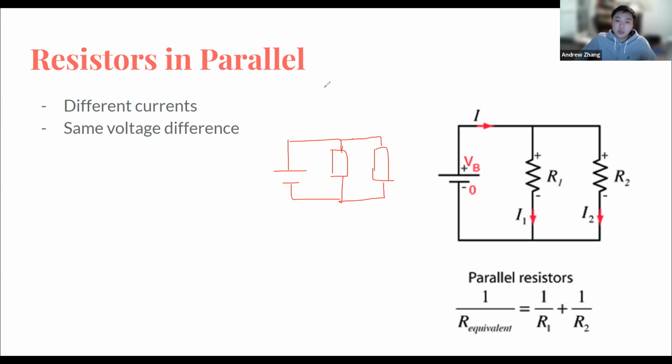And why is that? Because you can see here, if I measure voltage difference between, let's say, this blue point here and this green point here at the bottom, it would be the same as measuring the difference between this point on the bottom and this blue point at the top. And that's because you can think of it as, using Ohm's law again, if you put a voltmeter right here, what would the voltmeter give you?